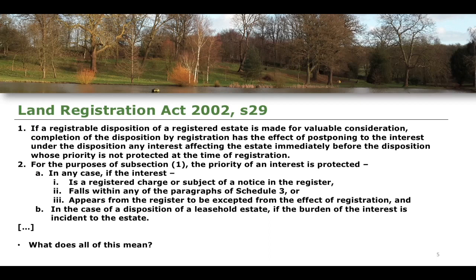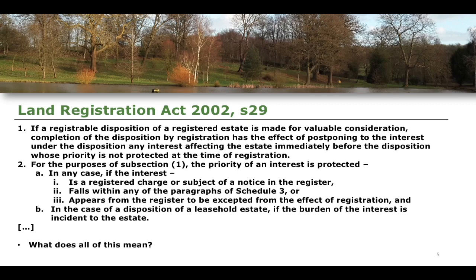And the ways in which we protect that priority is either through the concept of a notice or a restriction, or the fact that the interest is upgraded to an overriding interest, which means we look at Schedule 3 of the Land Registration Act, which we'll get to in the next lesson. That's essentially how this whole thing operates.